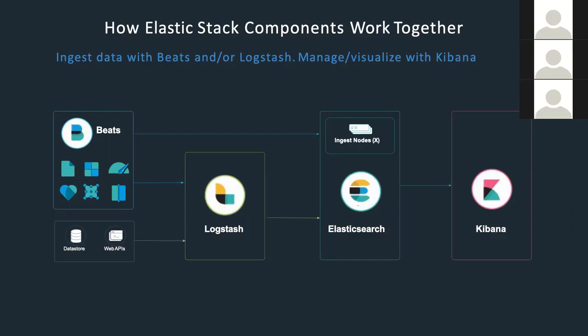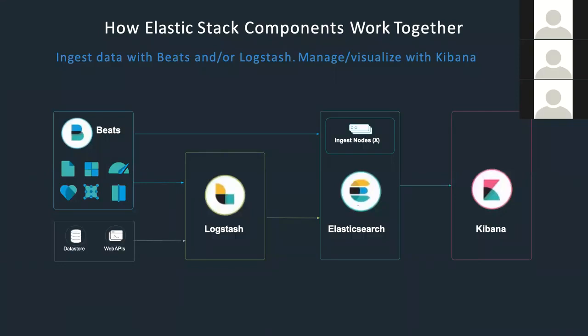We can use Winlogbeat to collect Sysmon or Windows events, and Packetbeat to collect network data. We can send it directly to Elasticsearch, or we can send it first to Logstash and do some manipulation on our data. After that, we send it to Elasticsearch and it's ready.